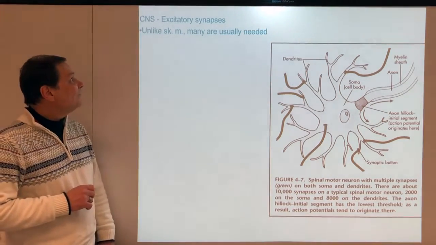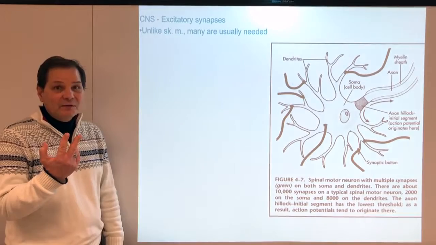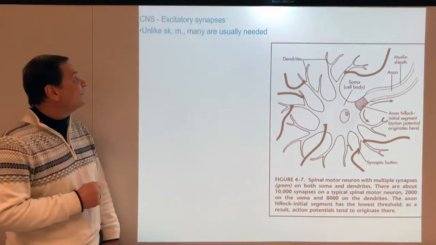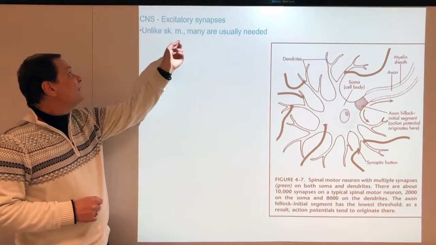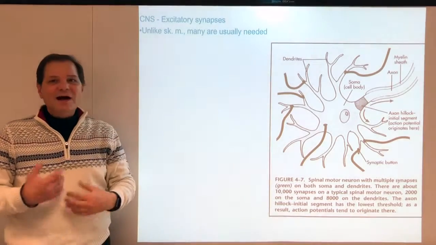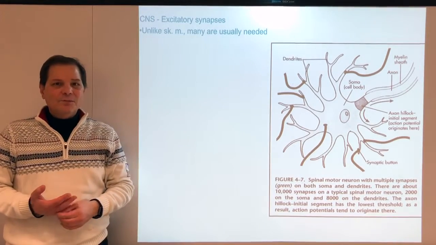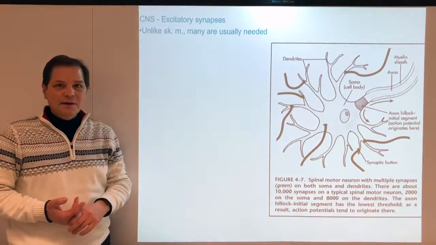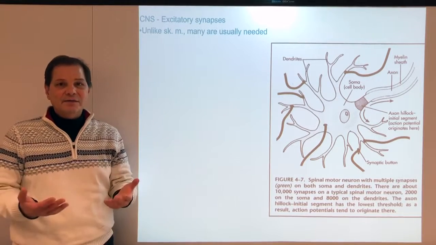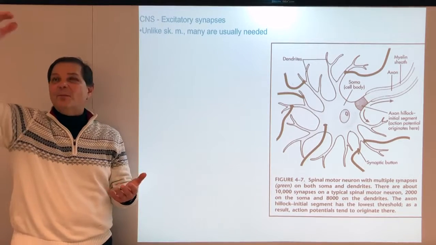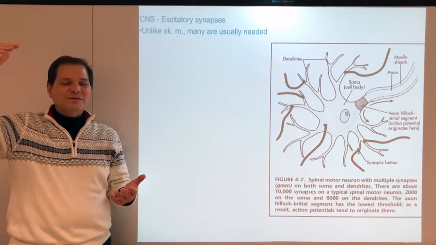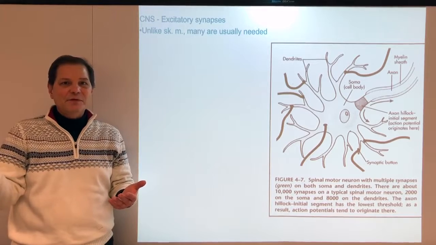We have two types of synapses, excitatory and inhibitory. I'll start with the excitatory synapses. Unlike skeletal muscle, you usually need a lot of synapses per neuron in order to cause the neuron to hit threshold. And that's because you don't have an end plate potential that gets up way high that is meant to ensure that you hit threshold.